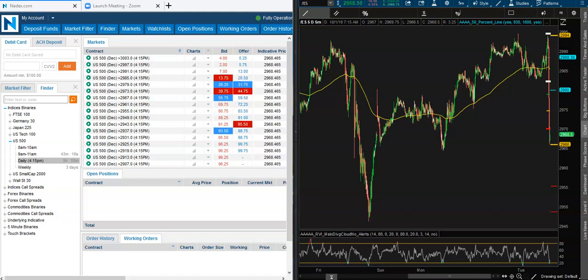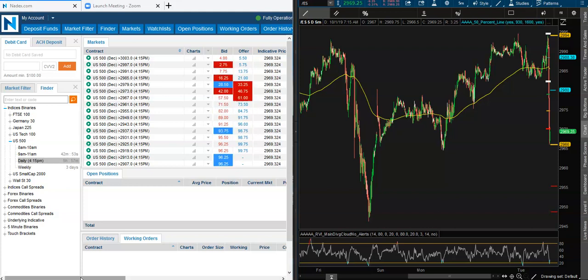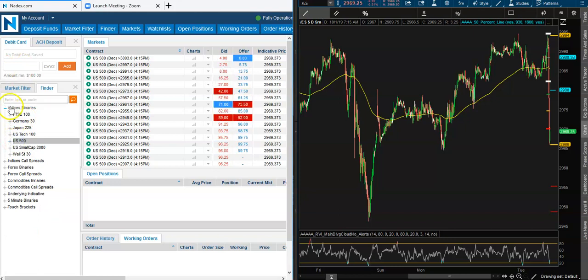Then we'll go into the call spreads and then the touch brackets, and try to create somewhat of a trade plan, but also go over how they work, the inner workings, and which are the best that I believe, because everybody trades differently, but the best of what I believe will work based off of my type of risk management.